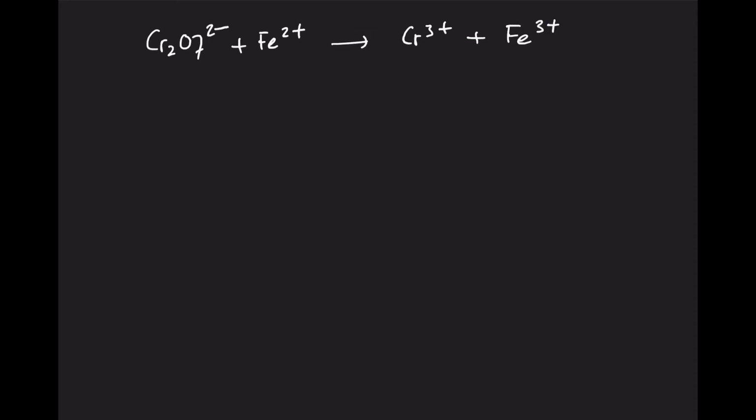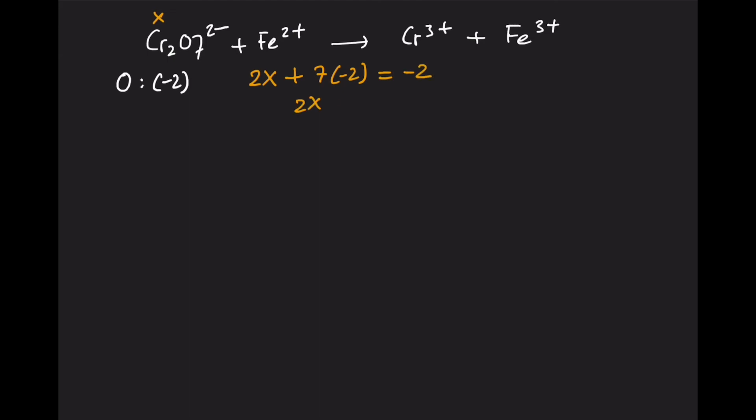In this case, we have to determine the oxidation number of chrome. Normally, oxygen has -2 as the oxidation number. If we take X as the oxidation number of Cr, we can calculate that 2 multiplied by X plus 7 multiplied by the oxidation number of oxygen, which is -2, will be equal to the total charge, which is -2.